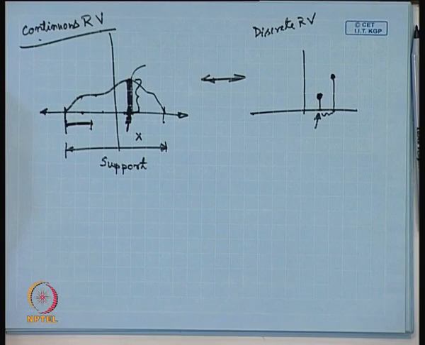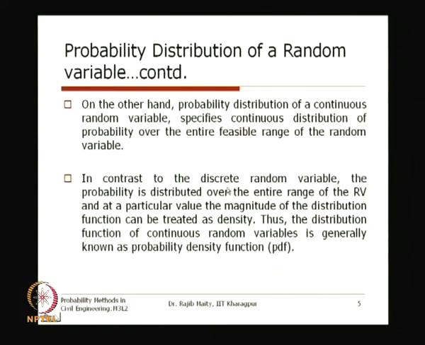So, once again, if we just read it: in contrast to the discrete random variable, the probability is distributed over the entire range of this random variable, and at a particular value the magnitude of the distribution function can be treated as density.